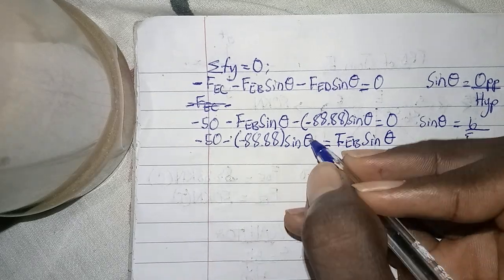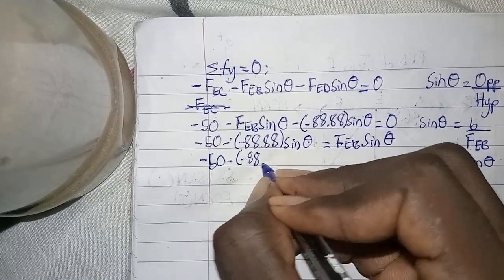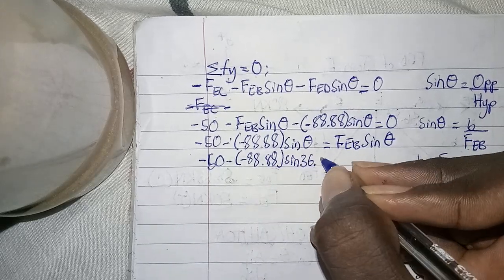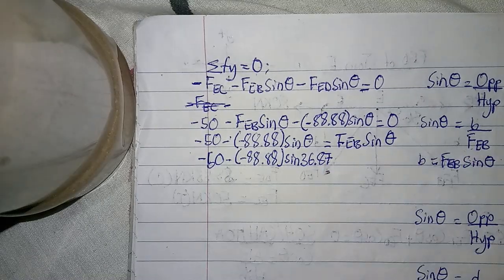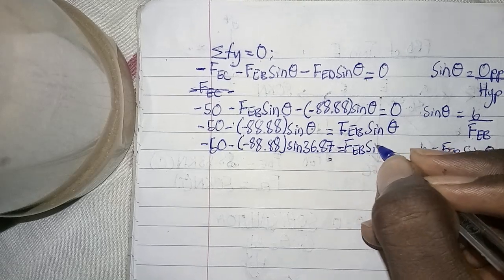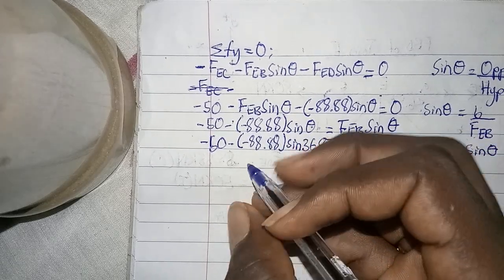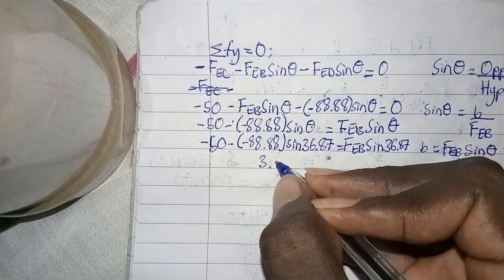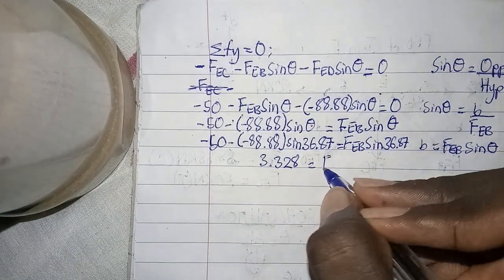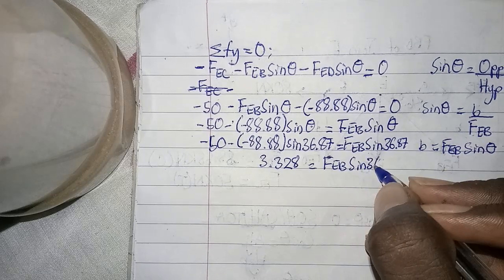Here we know theta to be 36.87, so negative 50 minus negative 88.88 sine 36.87 equals EB sine 36.87. So this one will be 33.328, equal to force ED sine 30.